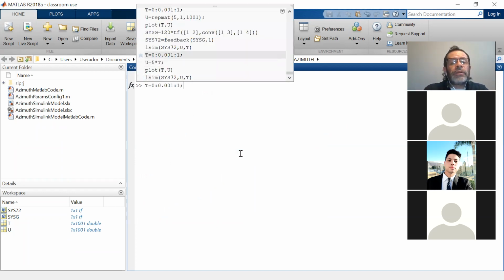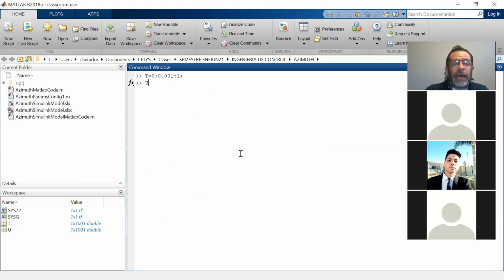Go to the command window. So first we're going to define our vector t. Now, let's see how many of you are awake. If it's going to be a parabola, how would I define u in this case? According to a parabola with a constant of 5, how would I define u in this case?